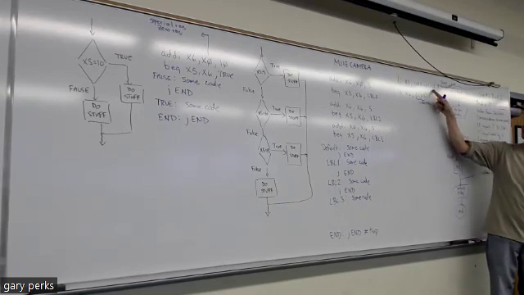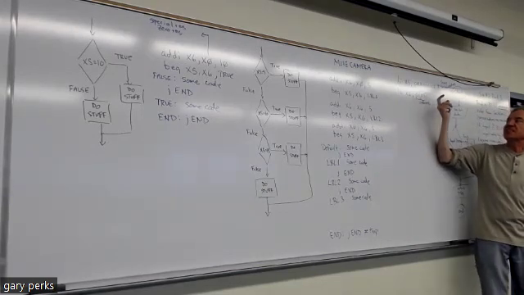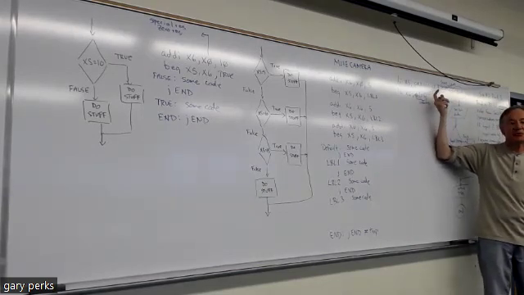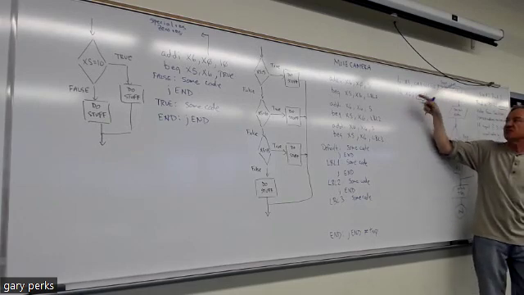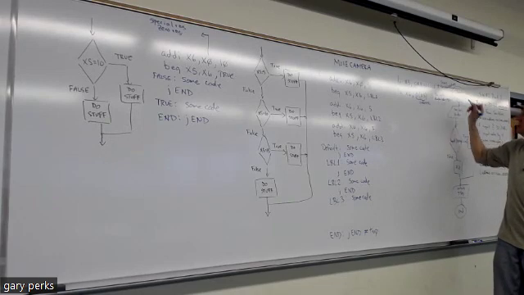See, this load immediate was just treating this like a number. This instruction is now treating this as an address. So now it's going to take the contents of that address, which is the switch data, and put it into register 6. So this instruction actually puts the switch data into register 6.